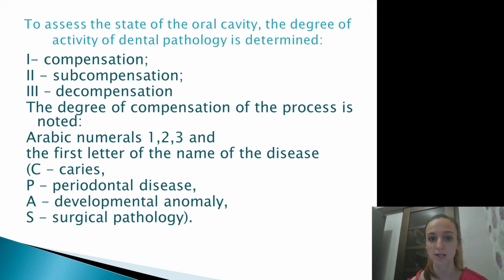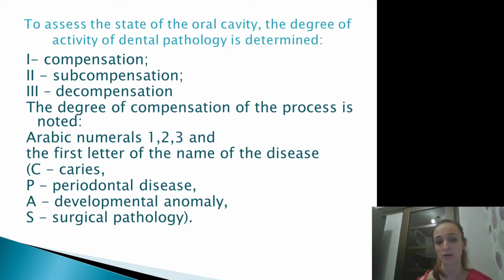To assess the state of the oral cavity, the degree of activity of dental pathology is determined. First is compensation, second subcompensation, and the third decompensation. The degree of compensation of the process is known.